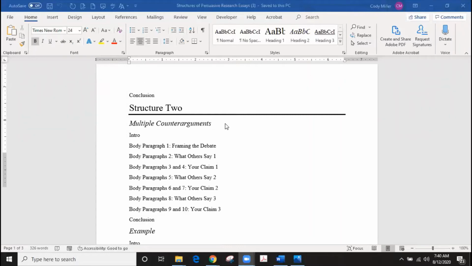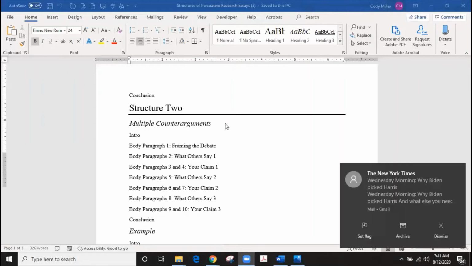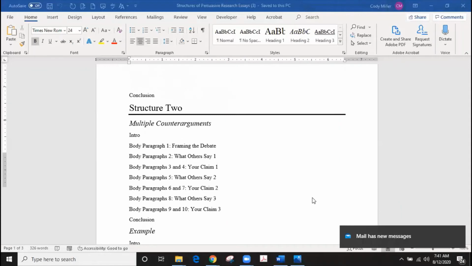Now, structure 2, you'll notice that it's alternating back and forth. And this is a little bit harder of a structure to do at times, depending on how you feel about that alternating structure and going back and forth between types of sources that largely will help us understand the arguments from both sides at the same time versus saving that counter argument for a little bit later, as you saw with structure 1 where it's tucked in.